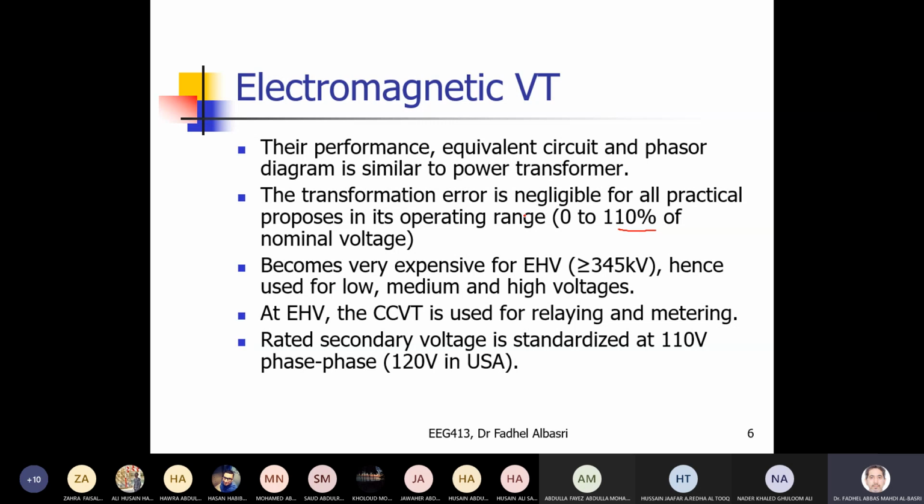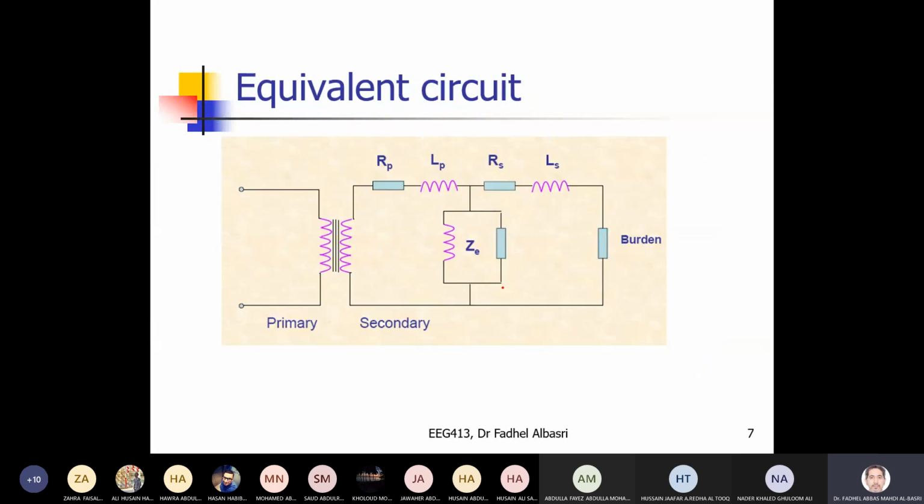However, these types of VTs become very expensive at extremely high voltage, like greater than 345 kV. As a result, we use capacitors as voltage dividers before we connect the conventional voltage transformers. The output voltage is standardized at 115 volts line to line, or 120 in the USA.